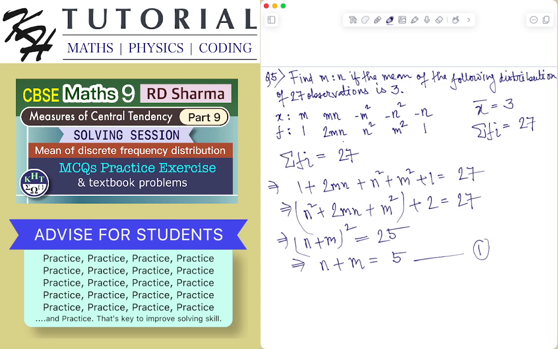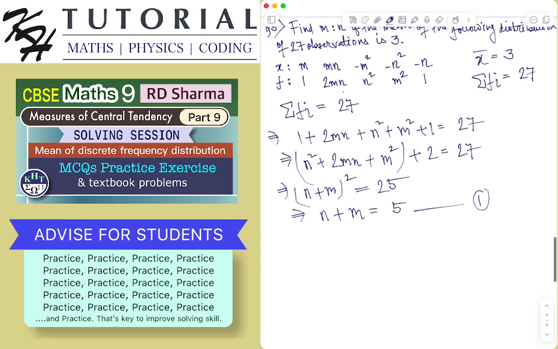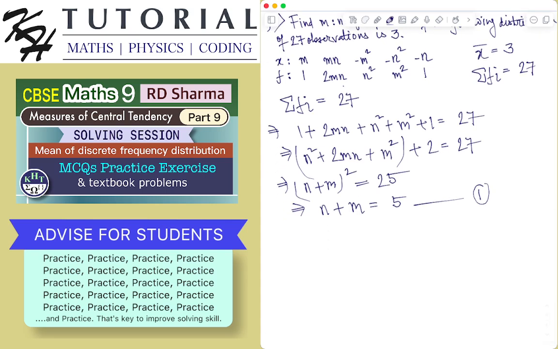Now the mean is also given to be 3. So what will be the mean? The mean is given as 3. So 3 should be equal to summation of xi fi divided by summation of fi. The summation of fi is nothing but the total number of observations, which is already given to be 27.